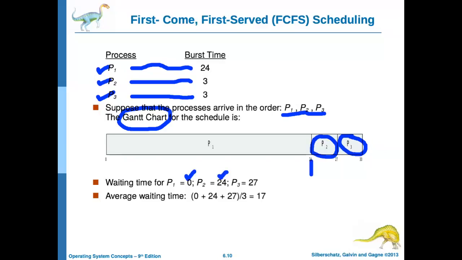Similarly, process P3 is waiting while P1 and P2 are executing. It started its execution at 27, so from 0 to 27 it was waiting. So 27 is the waiting time for process P3. So P1's waiting time is 0, P2's waiting time is 24, and P3's waiting time is 27.